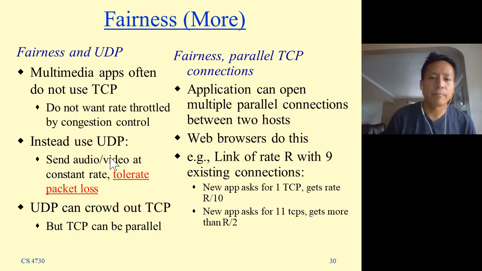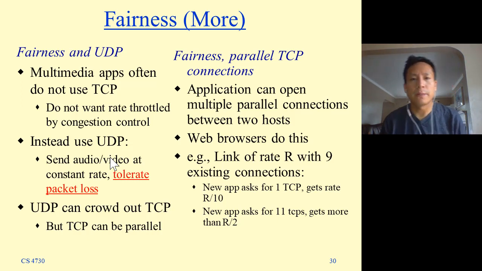So what can you do? The good news is that UDP is always aggressive and doesn't do congestion control, but TCP, while doing congestion control, can open multiple parallel TCP sessions, so we can potentially increase the throughput as well, right? I can open multiple parallel connections. For example, web browsers can do this.